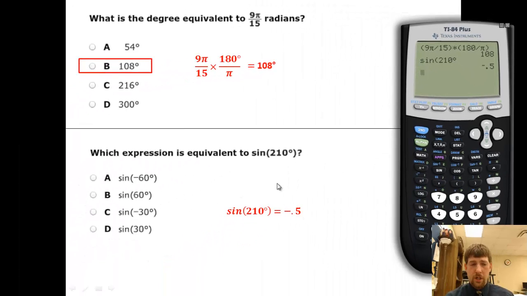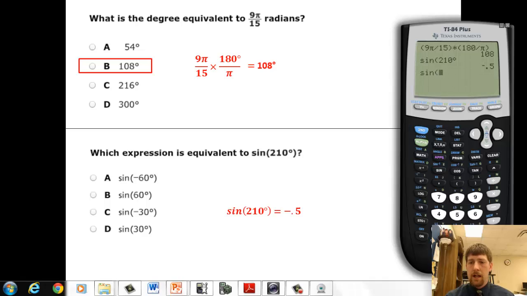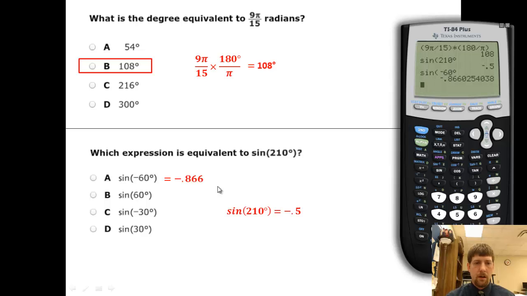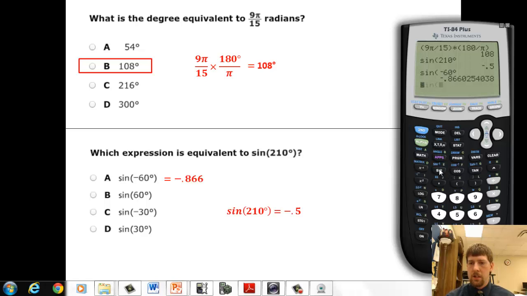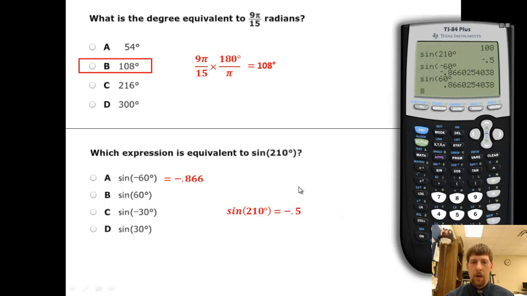And we just go through and check each of these. Sine of negative 60 degrees, negative 0.866. Sine of 60 degrees, second angle, get the degree symbol, positive 0.866.